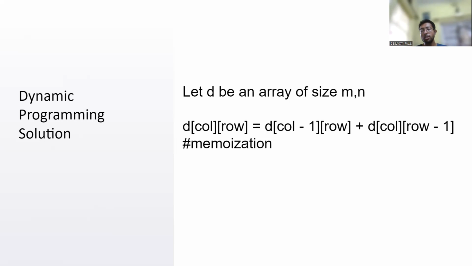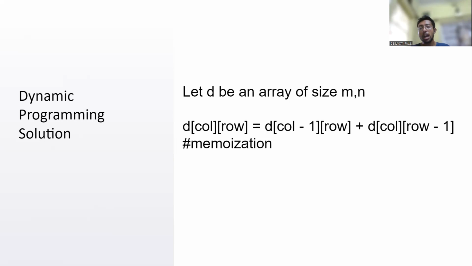So one is the number of unique paths from the left cell, and the other is the number of unique paths from the top cell. If we sum them up, we get the total number of unique paths for a particular column and row.